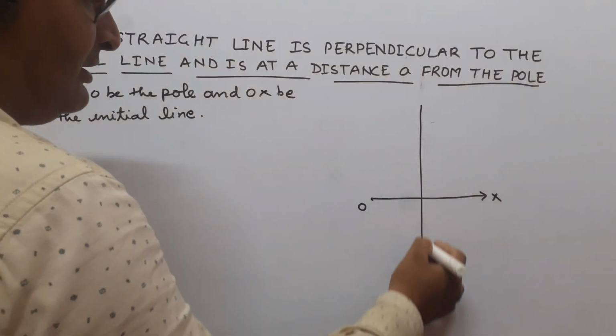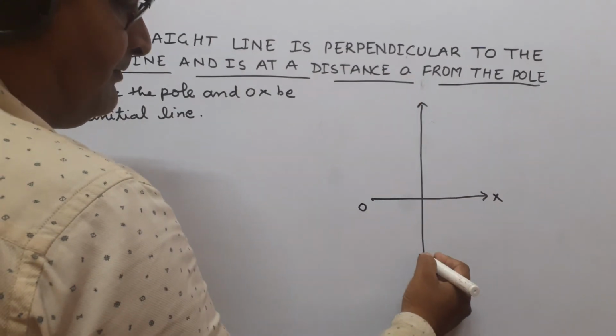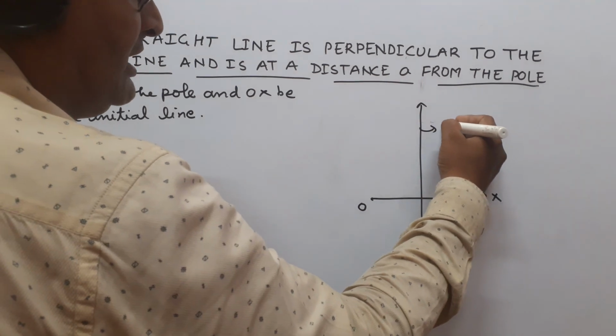This is the line perpendicular to the initial line.